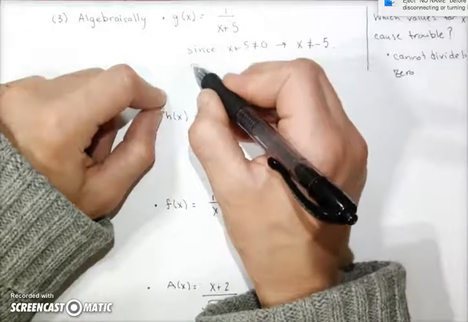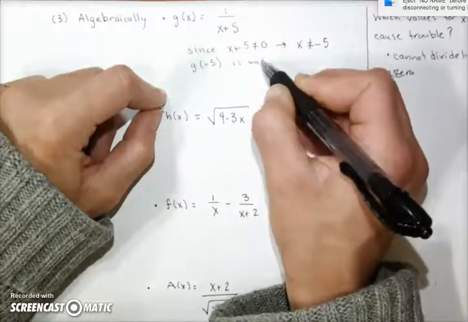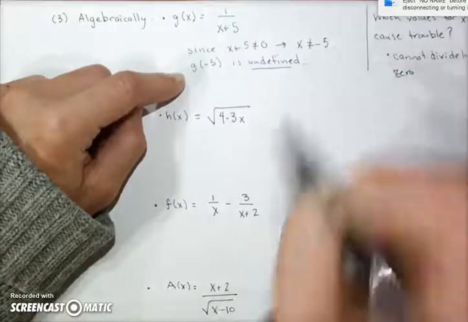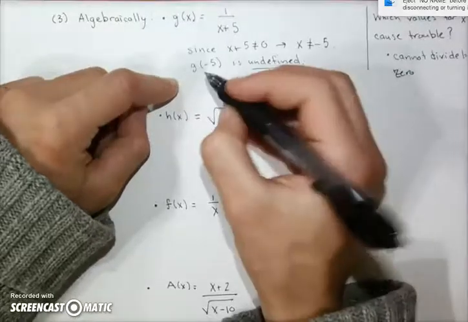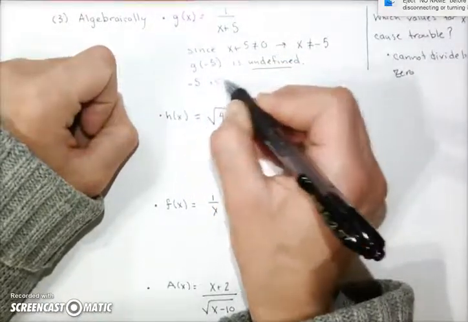In other words, g of negative 5 is undefined. If we try to plug in negative 5, we have a problem. So that means that negative 5 is not in the domain.